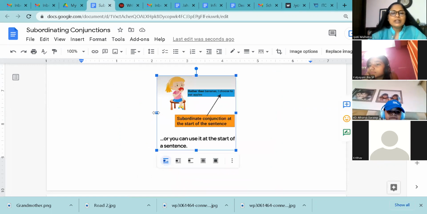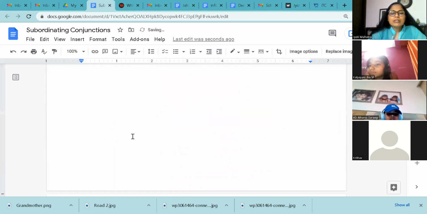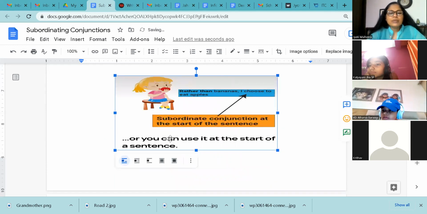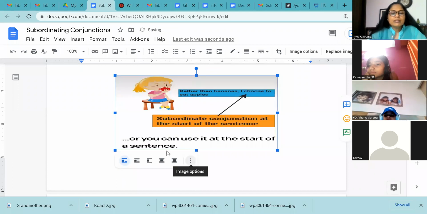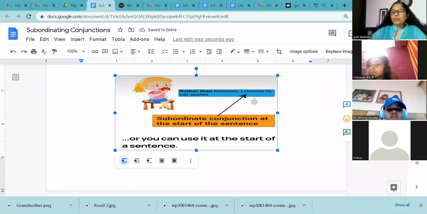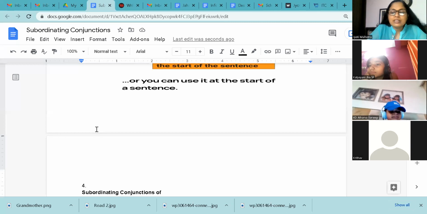Now read this one. Or you can use it at the start of a sentence. Read what is marked in blue. Rather than bananas, I choose to eat apples. So the conjunction has come at the beginning of the sentence.